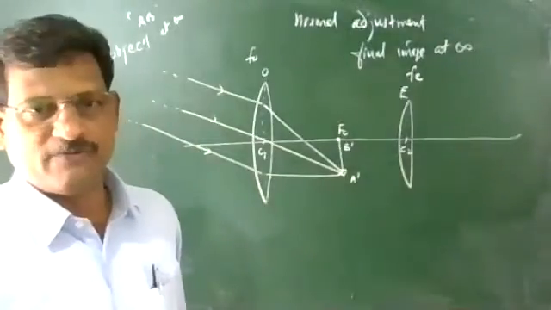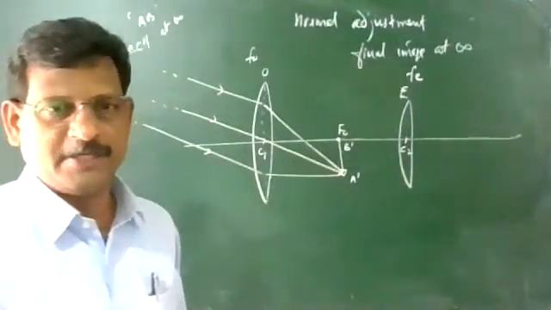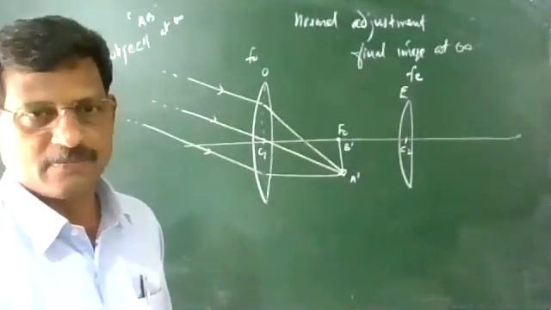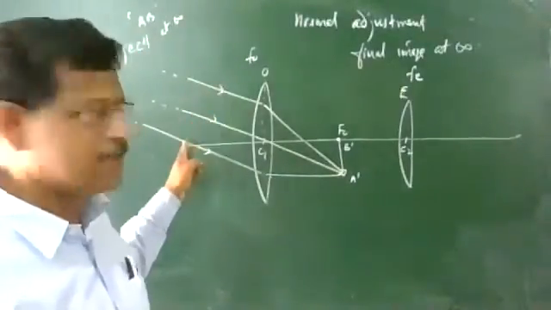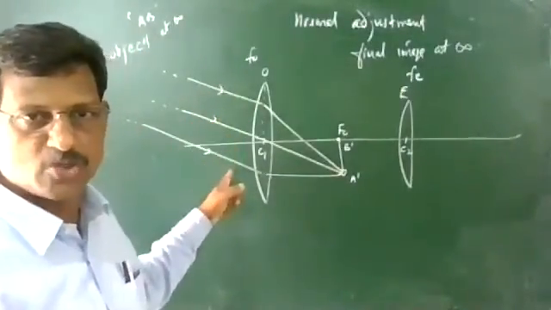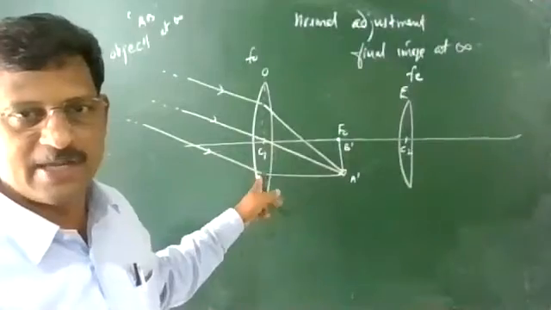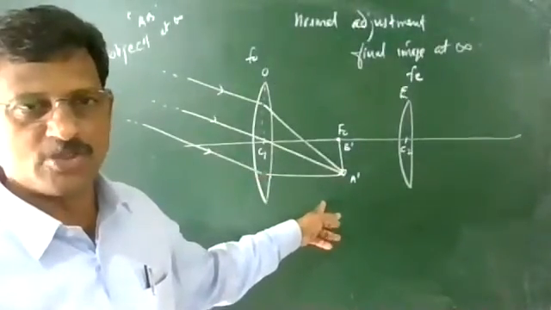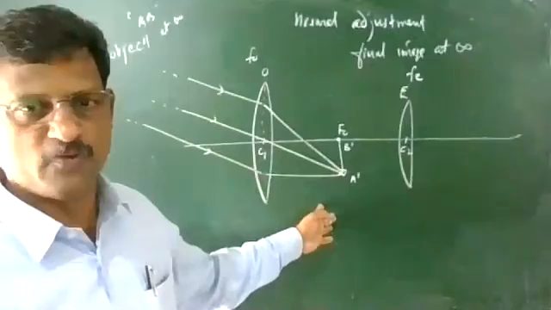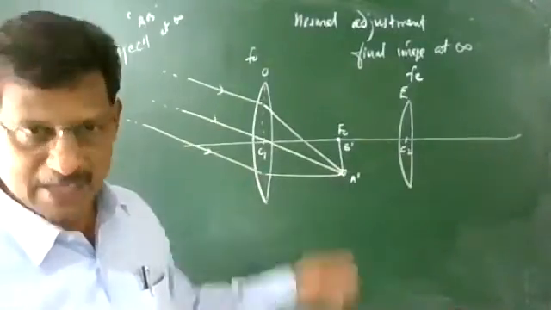When the object is at infinity, the image is formed at the focus. Three rays are shown after refraction through the objective lens. A'B' is the real, inverted, diminished image formed at the focus of the objective lens.